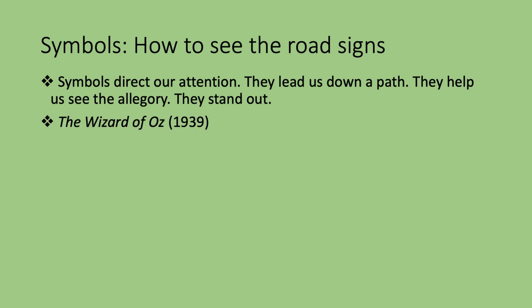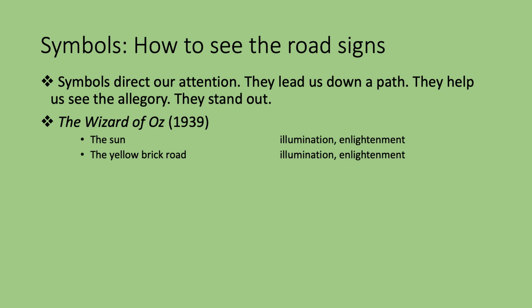Well, the sun jumps out at me. The sun is very bright. So I think, okay, when I think of the sun, I think of illumination and enlightenment. The yellow brick road jumps out at me. Also very bright, very noticeable.